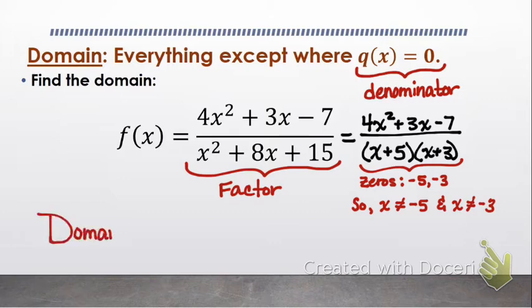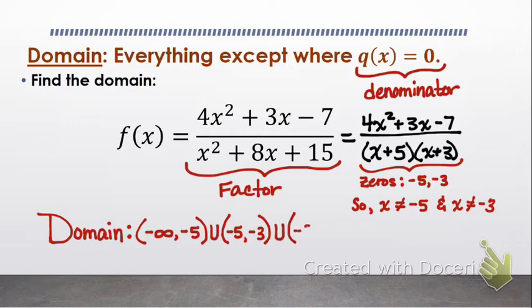So when I go to write my domain using interval notation, we can have any negative number all the way up to negative 5. We have to leave negative 5 out, so I'm going to need a union. It can pick up on the other side of negative 5 and go all the way to negative 3, but then we have to leave negative 3 out as well, so I'm going to need another union again.